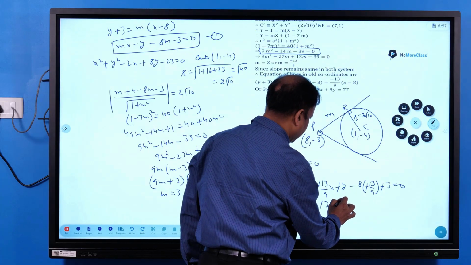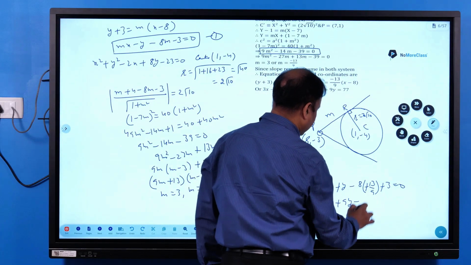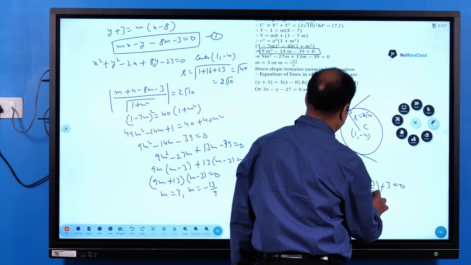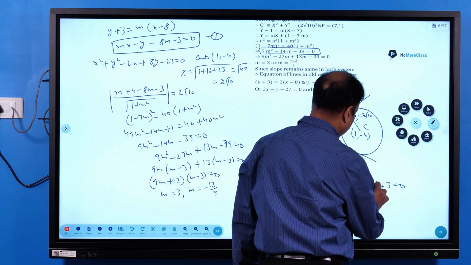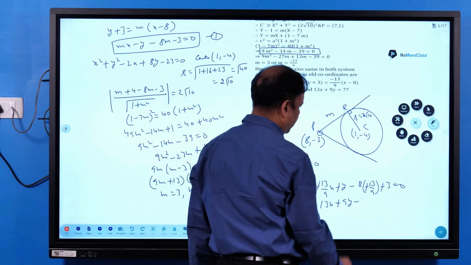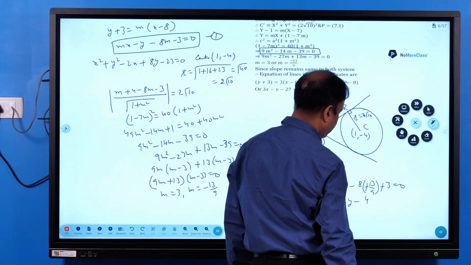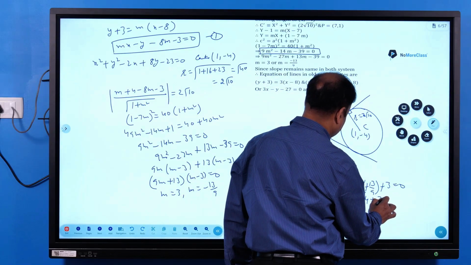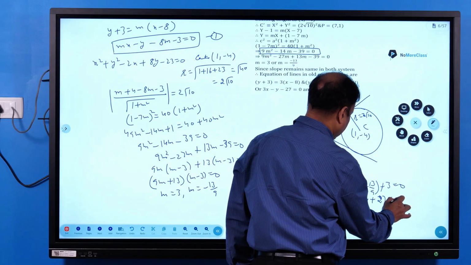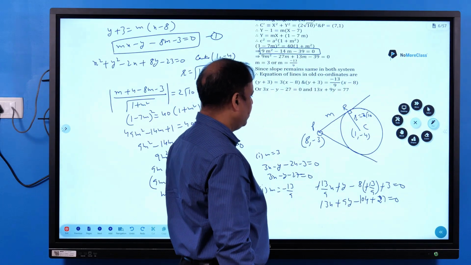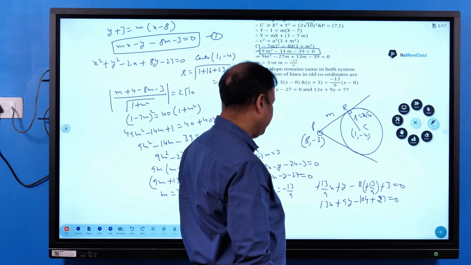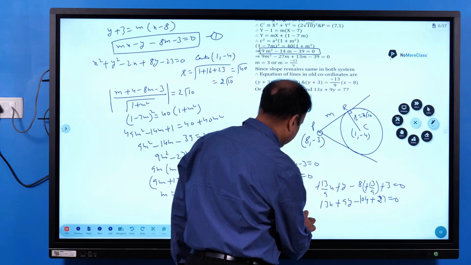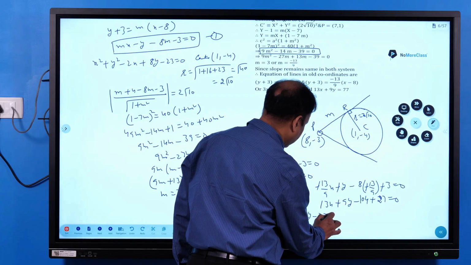So 13x + 9y - 13 into 8, which is 104, plus 27 is equal to 0. So this will come out to be 77. So the second is 13x + 9y - 77 = 0.